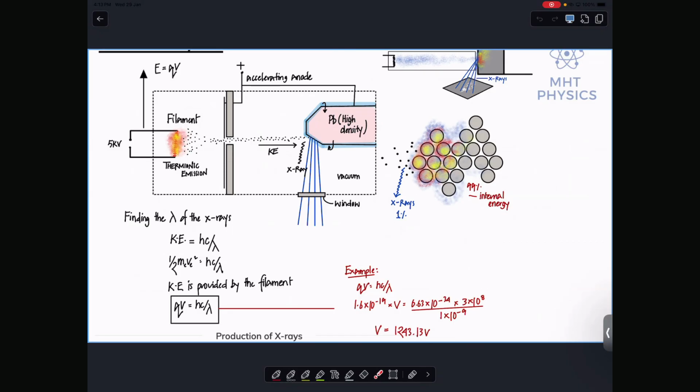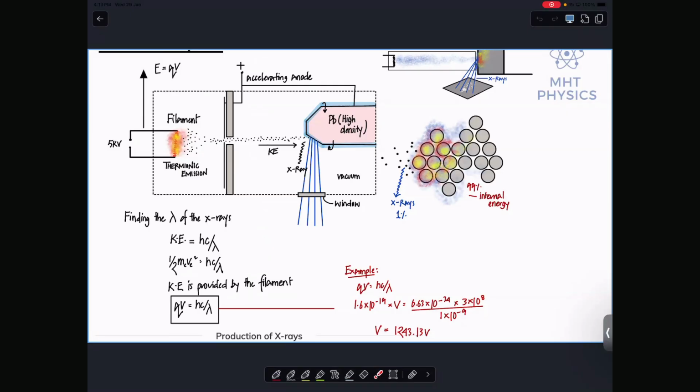You have to stop very fast moving electrons. When you have electrons moving at very high speed, with a lot of KE, if you suddenly stop them, not gradually, suddenly, the sudden deceleration causes some X-rays to come out. It causes the emission of X-rays, and that's what we are basically capitalizing on here.